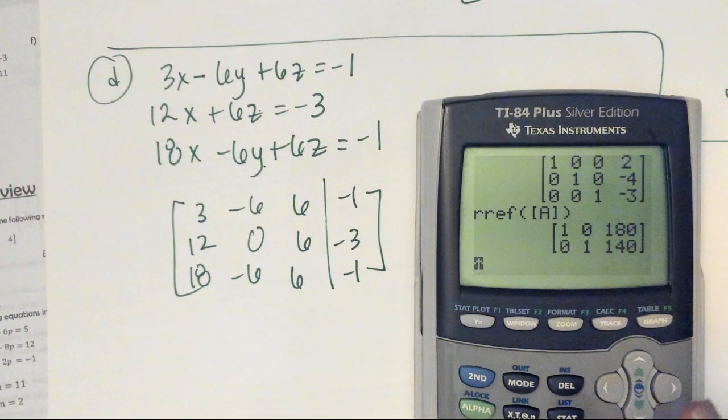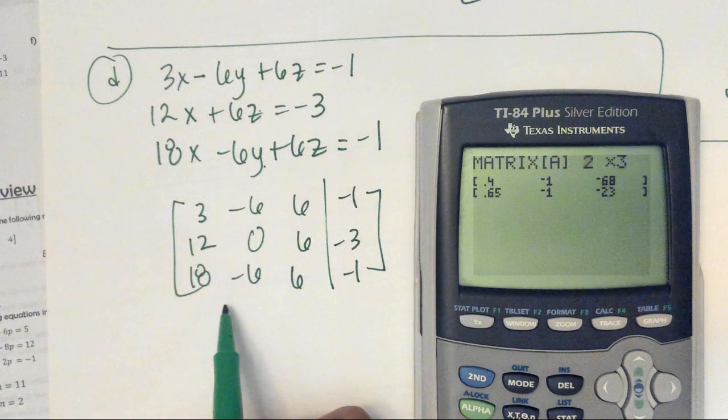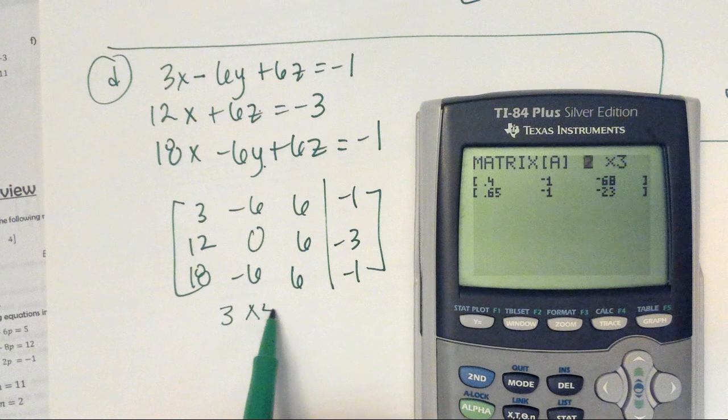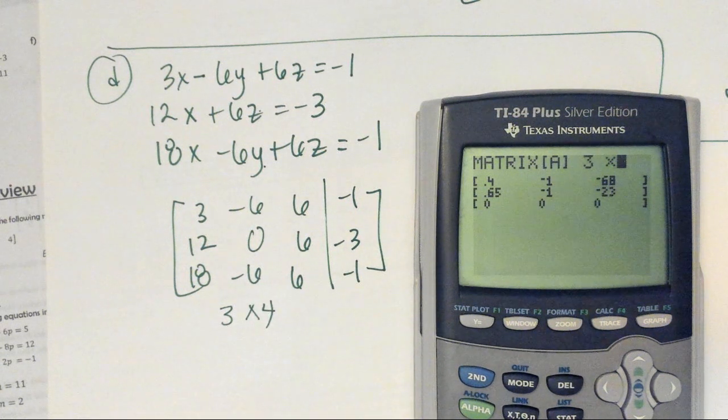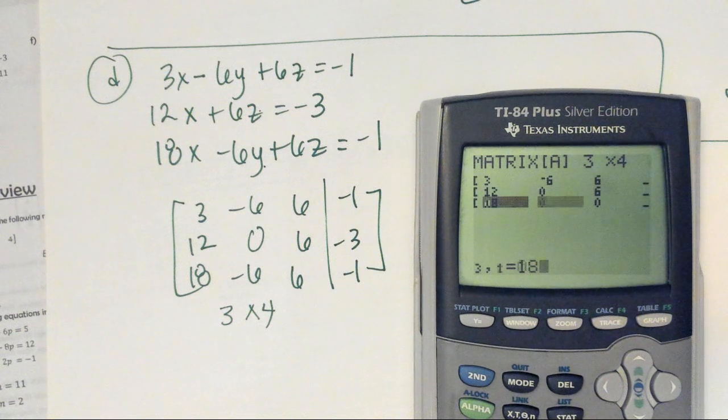So second matrix, edit. So this is a, how many rows? 1, 2, 3 by 1, 2, 3, 4. So 3 by 4. So I get 3, negative 6, 6, negative 1, 12, 0, 6, negative 3, 18, negative 6, 6, and negative 1.